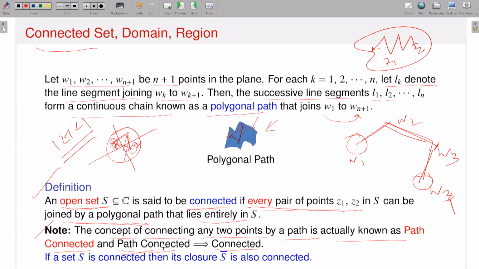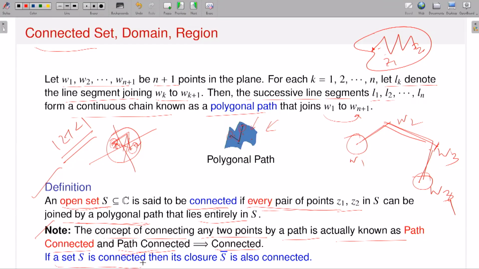Even though I am saying it is a connected set, the way I have defined it, it is actually path connected, which is a little stronger than connected. Here is one exercise you can think about: if a set S is connected, in the definition I have given, then the closure of the set is also a connected set. You can prove it as an exercise.